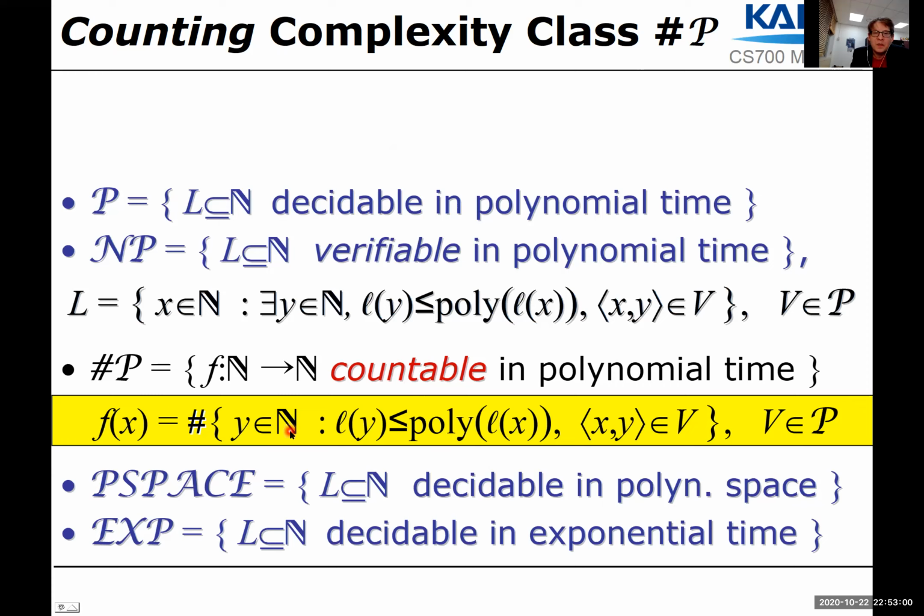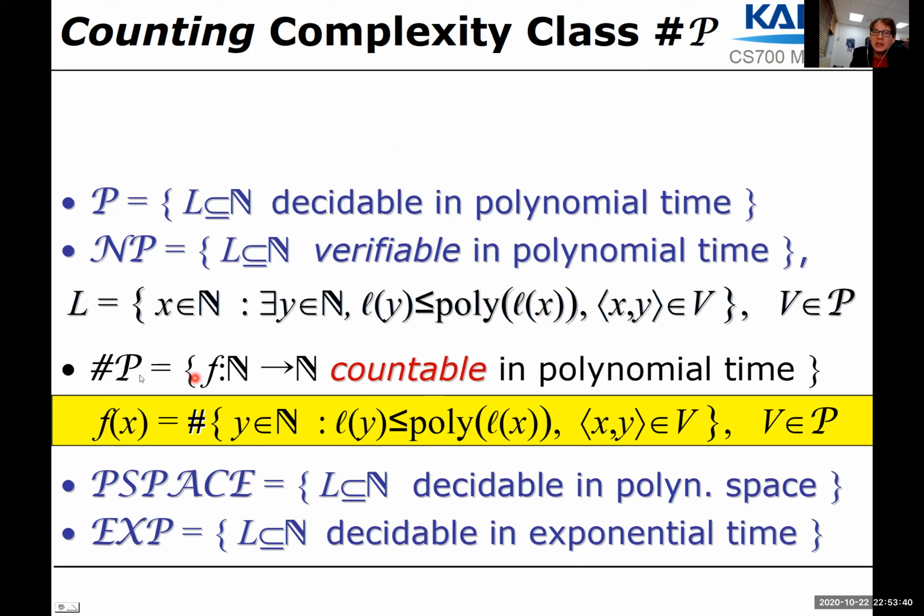Like deciding NP problems in polynomial space, we can also solve counting problems in polynomial space by using a counter that counts whenever we try again all possible witnesses in polynomial space. And for each successful witness, we increase our counter. This will again take exponential time because there are exponentially many possible witnesses, but it will still be in polynomial space. And thus, every problem in #P can also be solved in polynomial space.